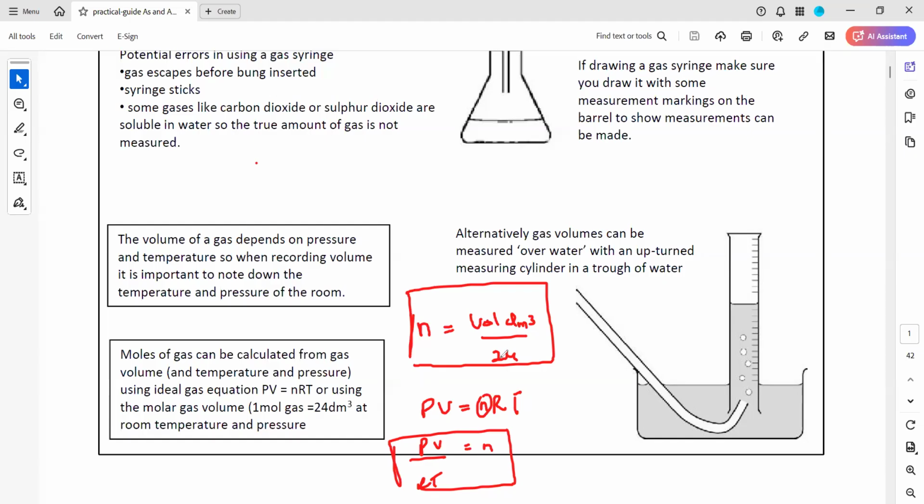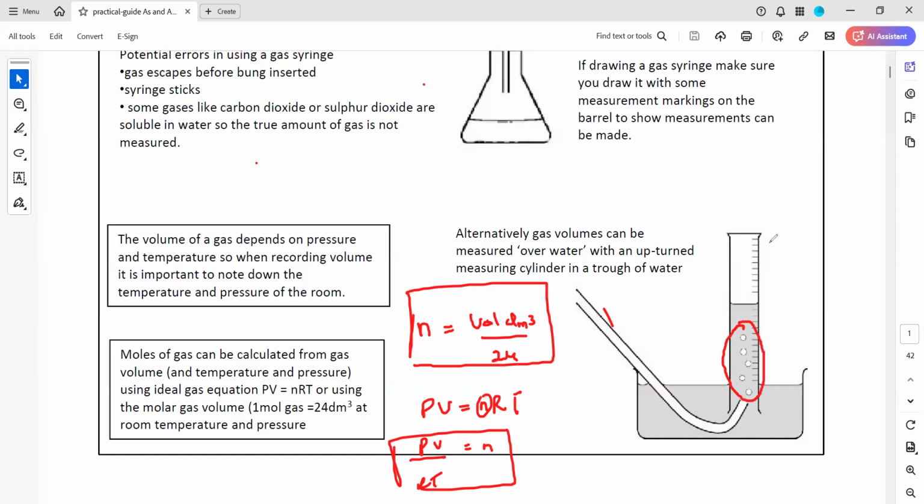There's also another way of working out the volume of a gas. We can use the measuring cylinder here. This technique is used to collect the gas over the surface of water, so that when gas bubbles are seen, we can identify the reaction is taking place.